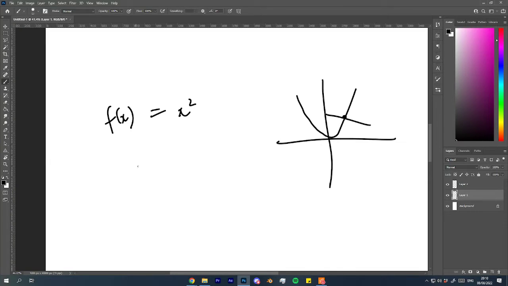Okay, so first step. What facts do we know between a normal and a tangent? There's something relevant between a normal and a tangent.